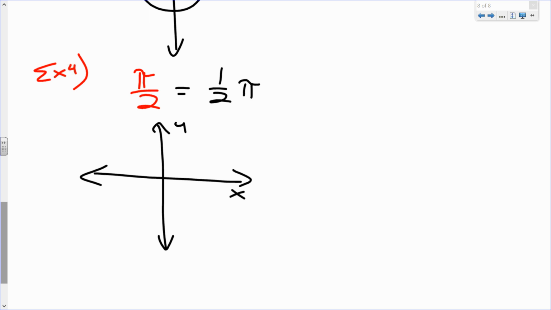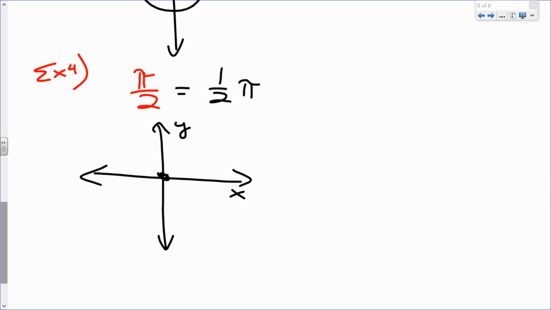So here we go. X, Y axis. Okay, we're in positive direction, so the angle's going to go counterclockwise. This is 1 pi, so I'm going to go half a pi, right? It's going to be pointed up.